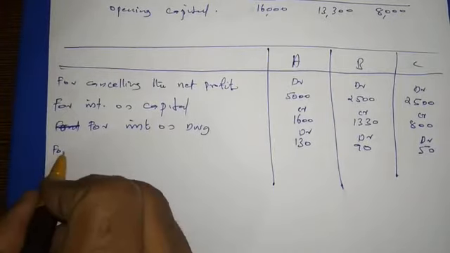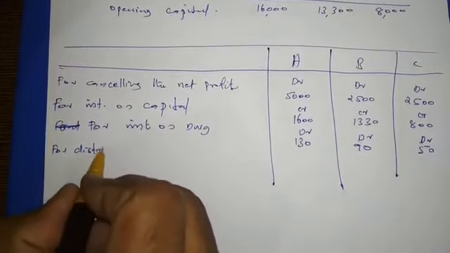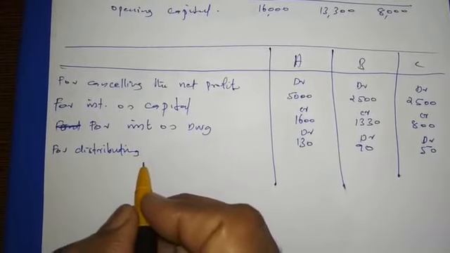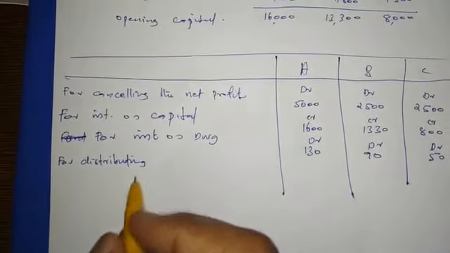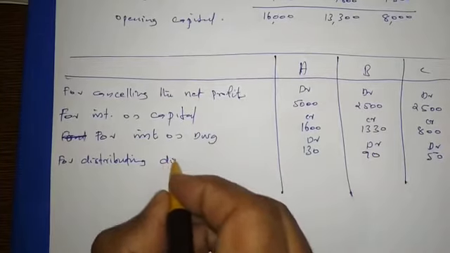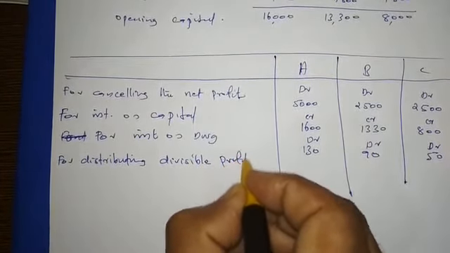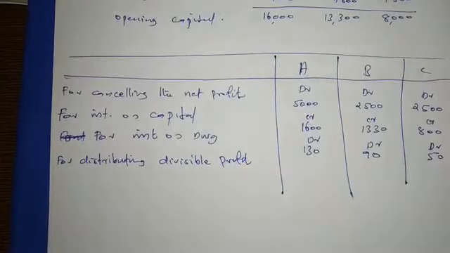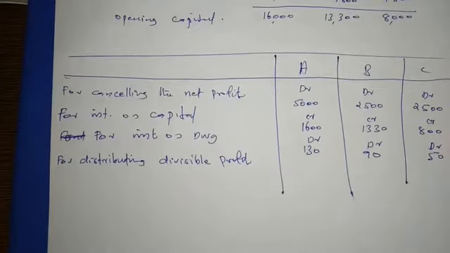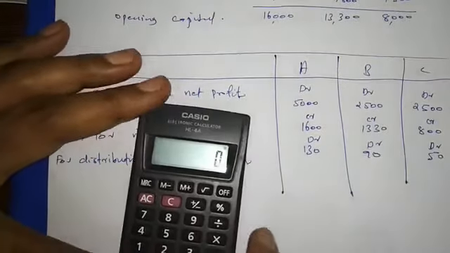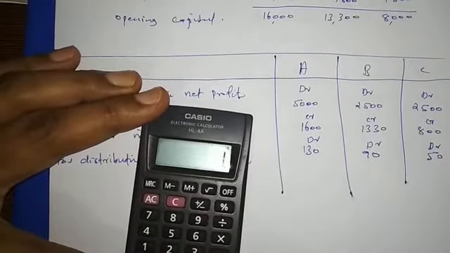Now one more step is there, for distributing divisible profit. How much divisible profit is coming? First of all, we take the profit, that is 10,000.